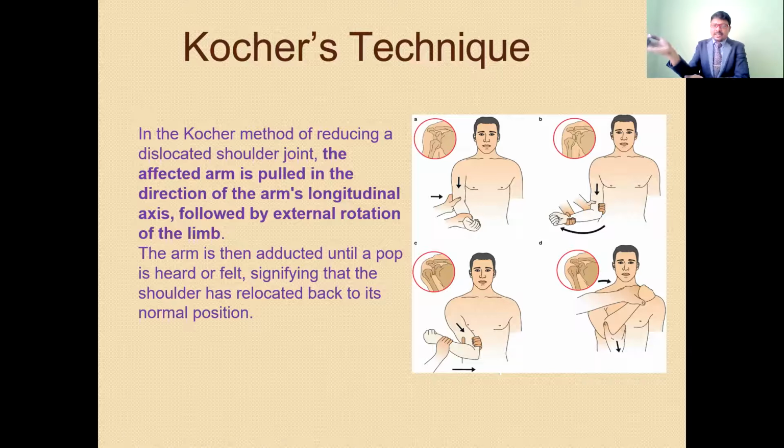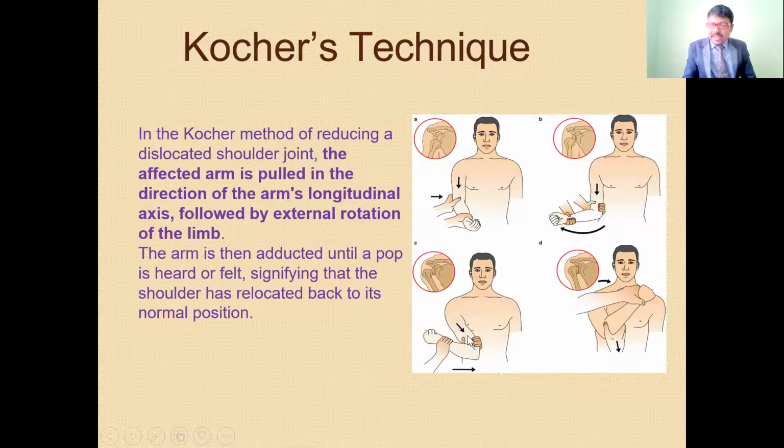After that, the arm is adducted. After external rotation, the arm is adducted until a pop sound is heard. If you do the external rotation and adduction, the joint automatically relocates into the glenoid fossa. So this is the procedure. First is the longitudinal axis traction and external rotation. Next I have to do the adduction.